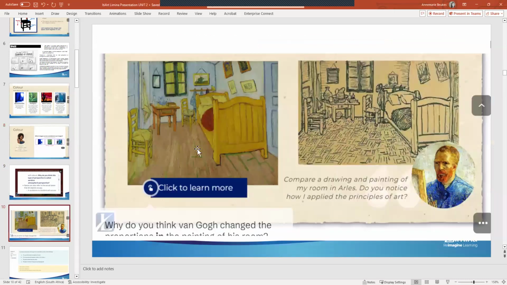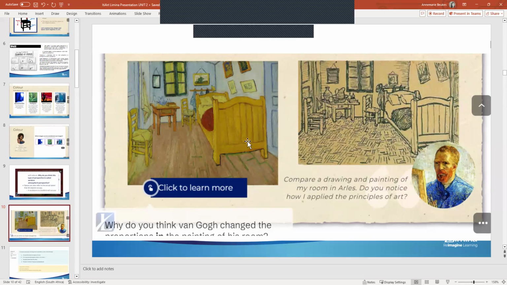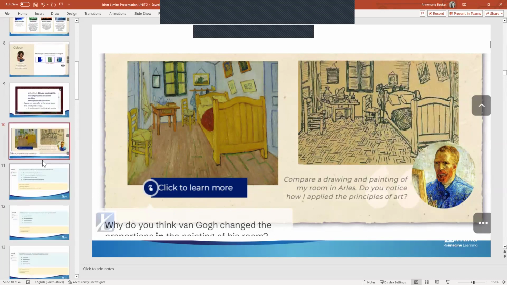If you look at this image here, okay, if you all know what linear perspective is, the lines are all converging into one point, obviously not all the elements or all the objects. And Vincent van Gogh did that specifically because he wanted to create distortion and a feeling of discomfort in that room. So that's the one thing that I just wanted to point out to you guys.